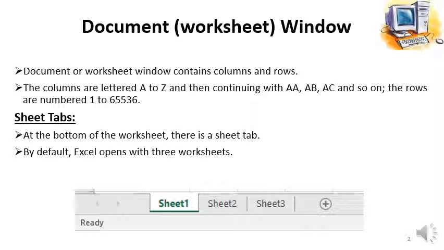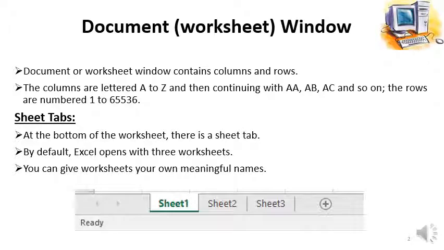This is also true only for the older versions of Microsoft Excel, like Microsoft Excel 2003. But the current versions of the Microsoft Office and Microsoft Excel application open with only a single sheet, that is sheet 1. You can give worksheets your own meaningful names.